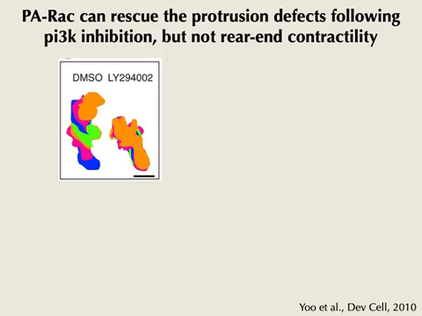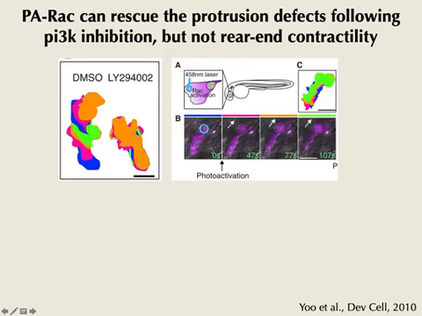So in this experiment, they're going to use this drug again to inhibit PI3 kinase, but now they're going to also have PA-RAC, the photoactivatable RAC, so to inhibit PI3 kinase but also restore RAC activity at the front.